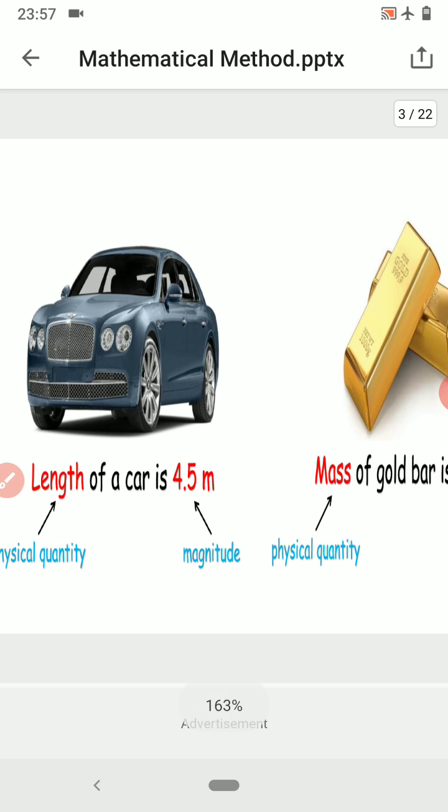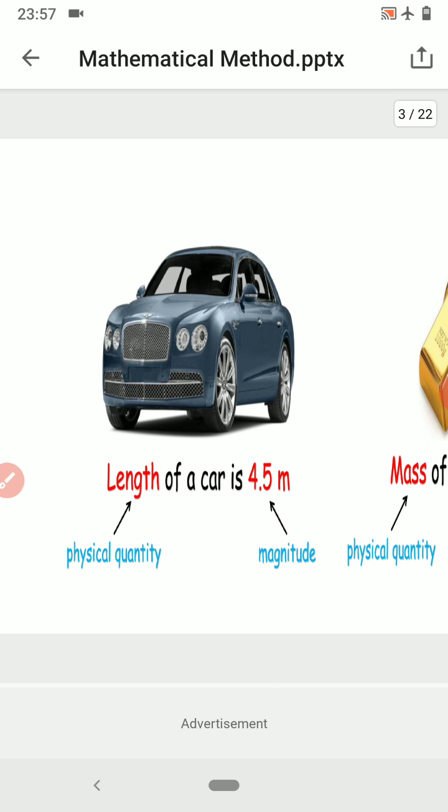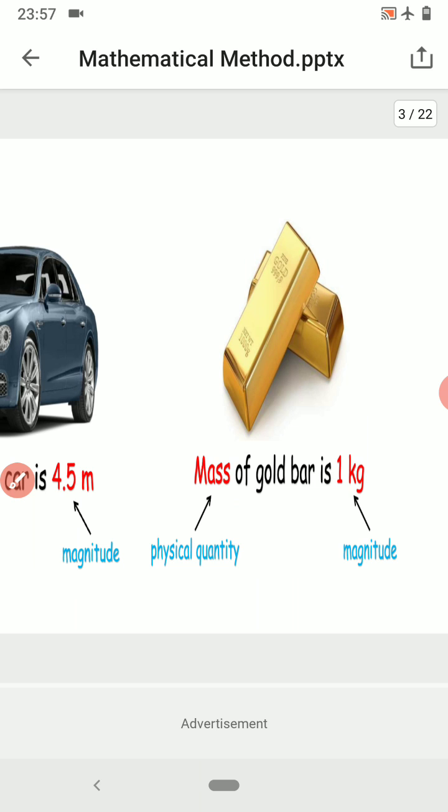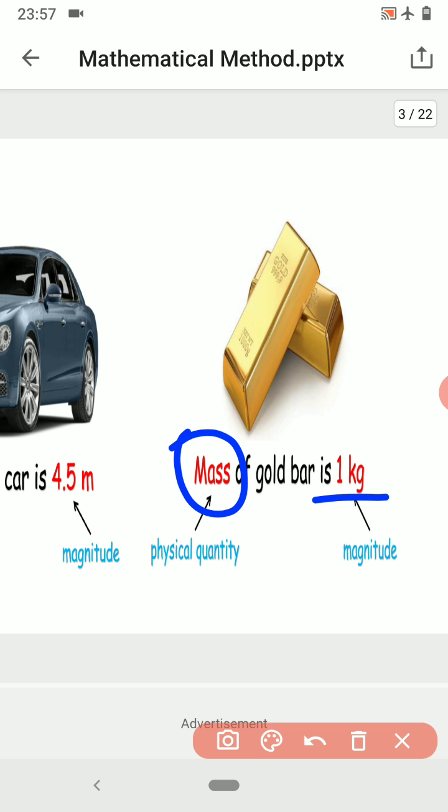See, in this picture we can see the car. Here the length of a car is 4.5 meter. Length is the physical quantity and 4.5 meter is the magnitude. Or the mass of the gold bar is 1 kg. So 1 kg is the magnitude and mass is the physical quantity.